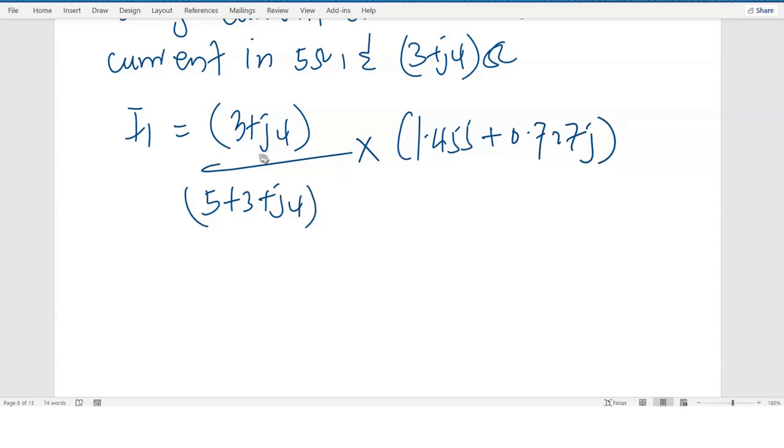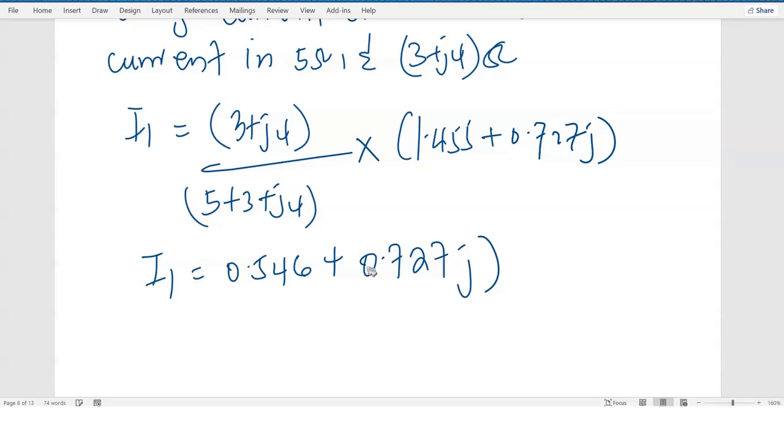If I do that, multiplying by 3 plus J4 and dividing by 8 plus 4J, I get I1 equal to 0.546 plus 0.727J.